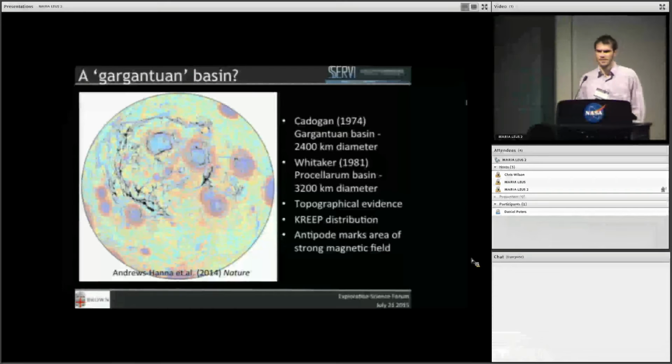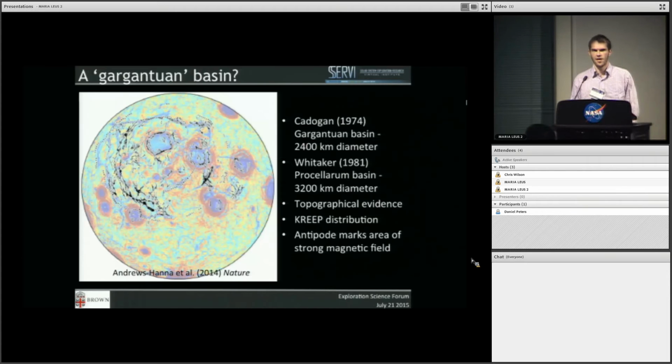The Procellarum region has been looked at in detail previously. The first major study was undertaken by Cadogan, who, looking at topographic features around the edge of this region, mapped out a basin 2,400 kilometers in diameter and named it the Gargantuan Basin. This feature was similar in size to the South Pole Aitken Basin. A few years later, Whitaker, who wasn't fully happy with Cadogan's study, did one of his own and came up with an even larger basin, 3,200 kilometers in diameter, which he named the Procellarum Basin.